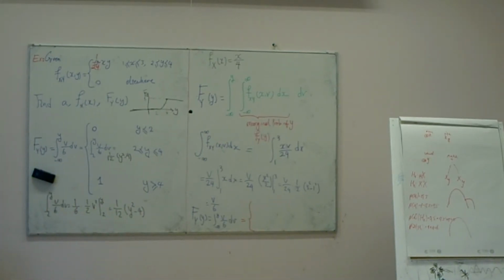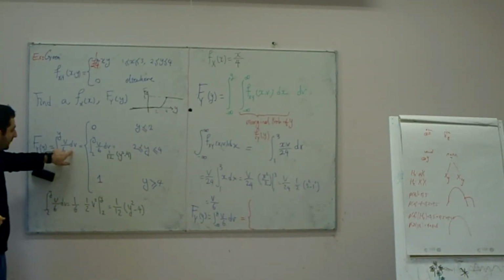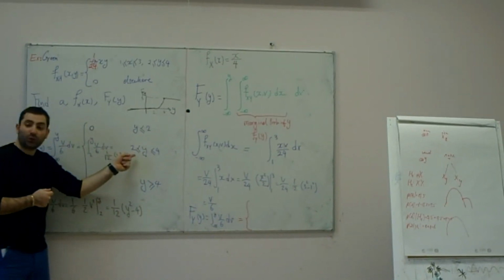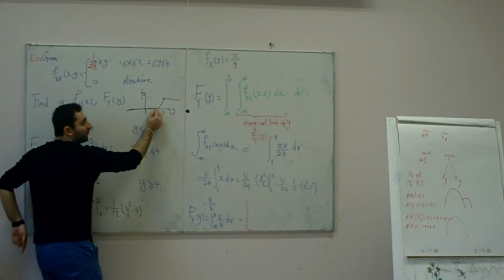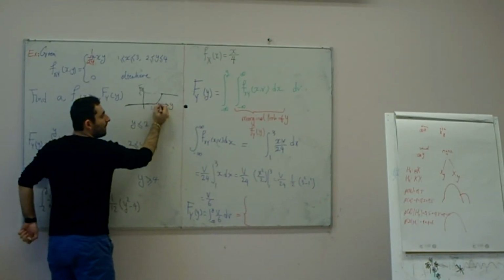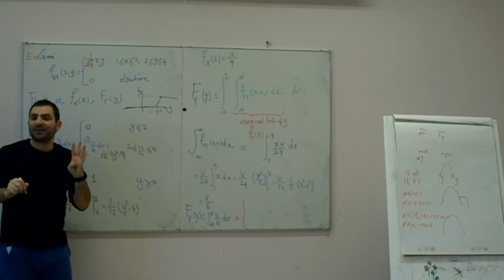Yes, you have a question? What happened to the 4 in the second integral? Y starts from 2 till the value y. Y is less than 4, but what is it? We don't know.